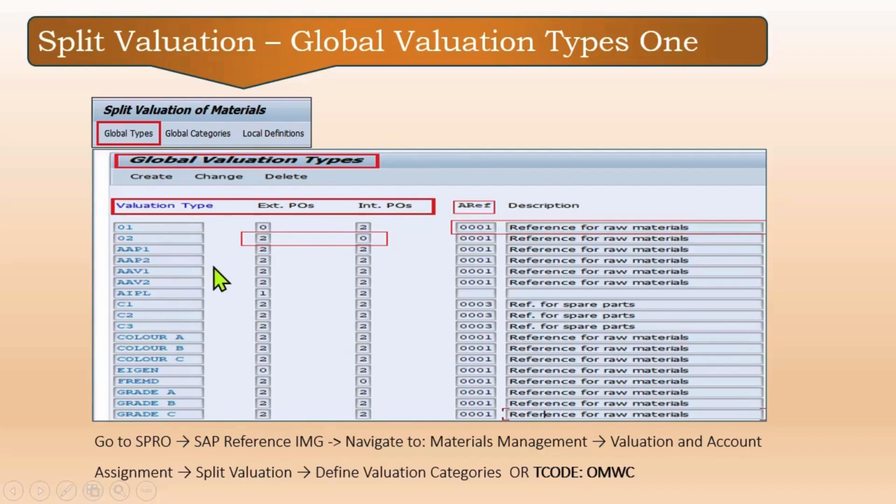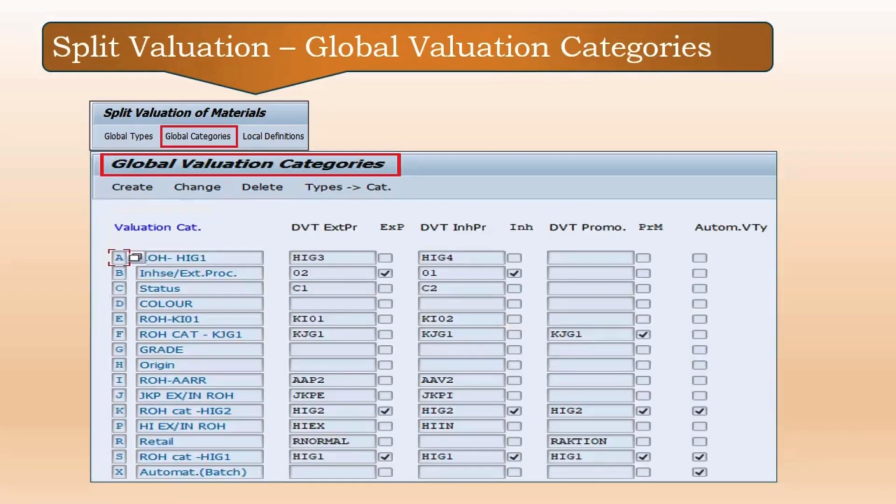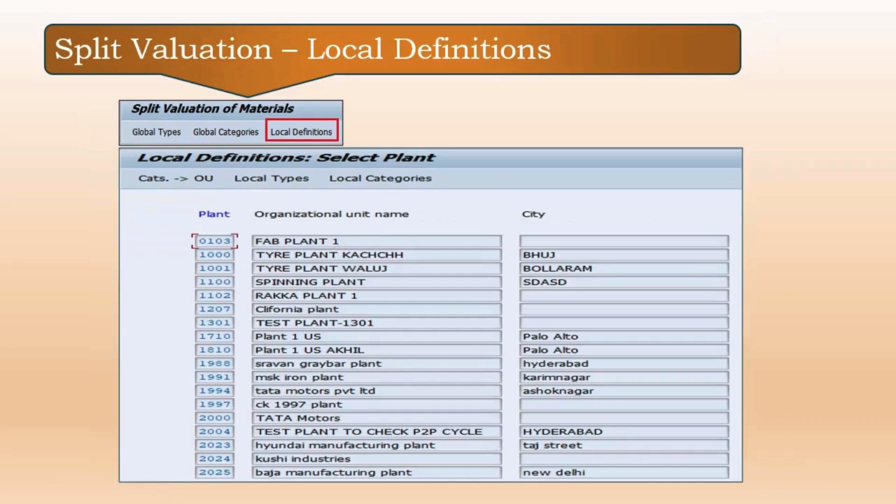Move on to the next slide. Here, this is the global categories screen. Once you click on global categories after you finish global types, this is the screen where you will create global categories, and also assign global types to global categories. Move on to the next slide, local definitions.